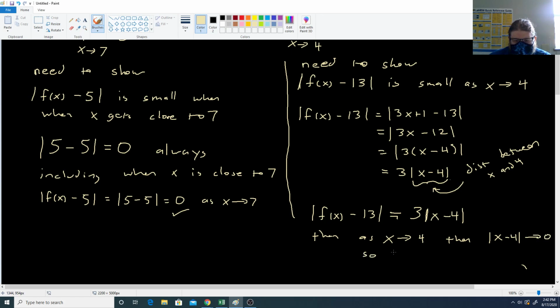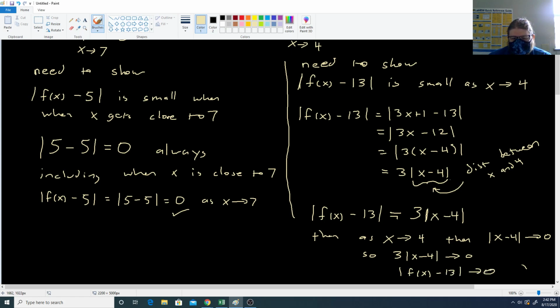So 3 times the distance x minus 4 will also approach 0, because something approaching 0 times 3 still approaches 0. So we get that the distance between f of x and 13 approaches 0.